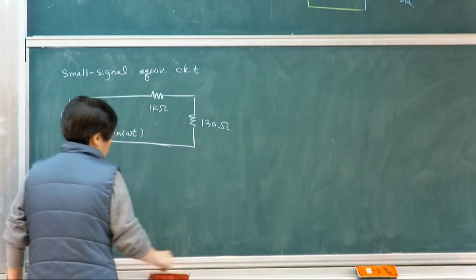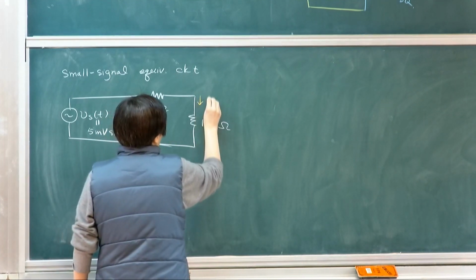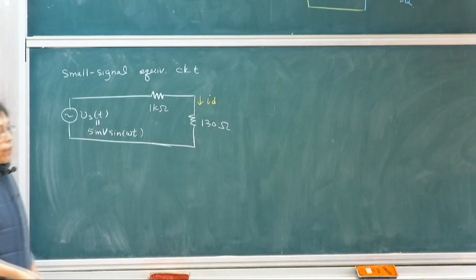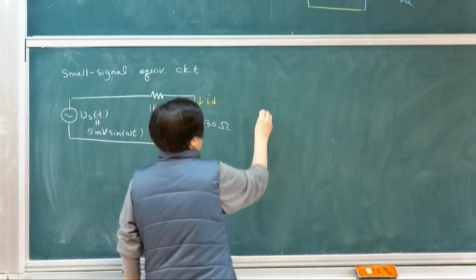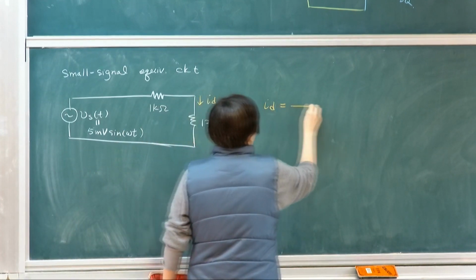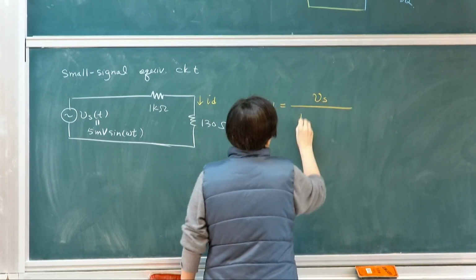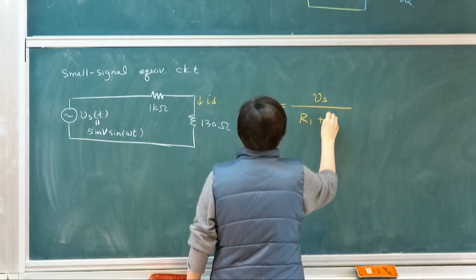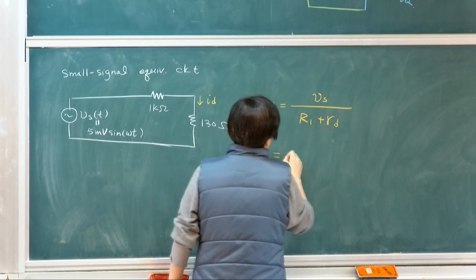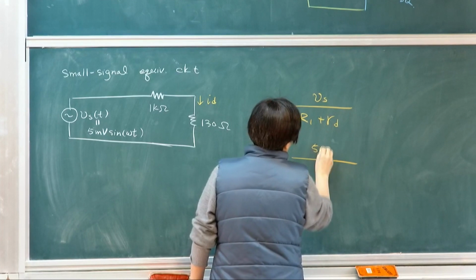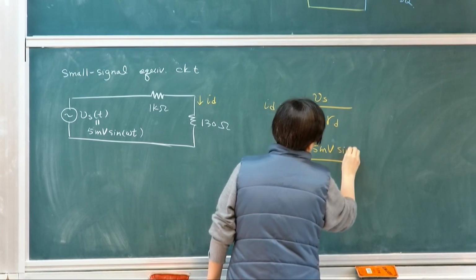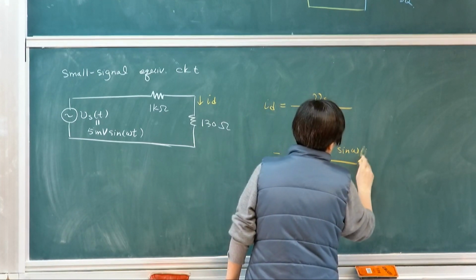What we're actually aiming at is to find out the current. So this will be very, very simple. Your ID will simply be Vs divided by R1 plus RD, which is, this is 5 millivolt sine wave. There's no change in your signal.